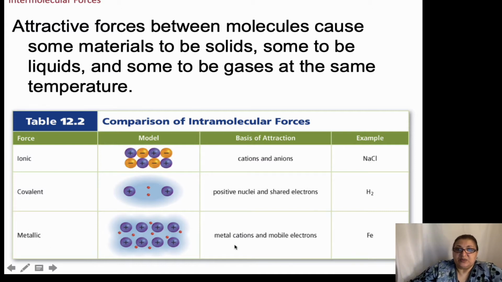And metallic is when we have all metals and they form this sea of ions or sea of electrons between them. That's why it conducts. So this is the type of intramolecular forces. It's what holds the molecules together.